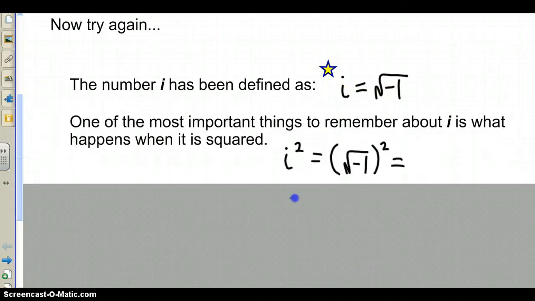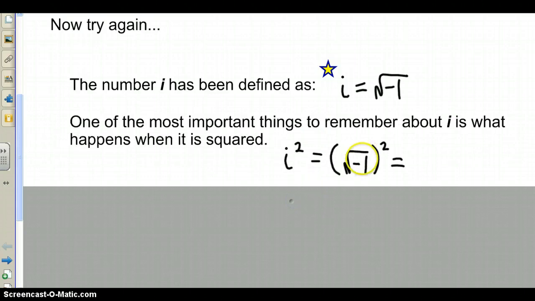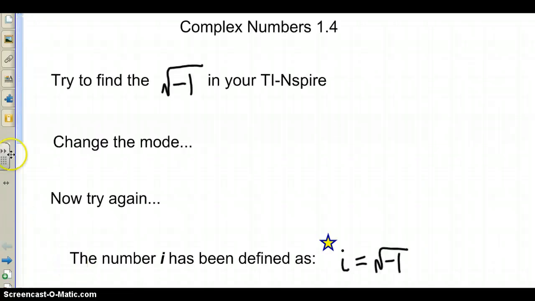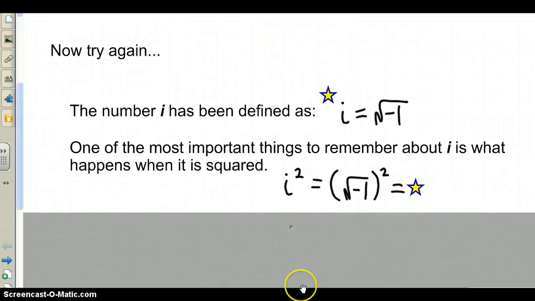Now, if that's true, what's going to happen if you square i? You get i squared, so you've got the square root of -1, squared. Well, the square and the square root undo each other, and you're left with -1.